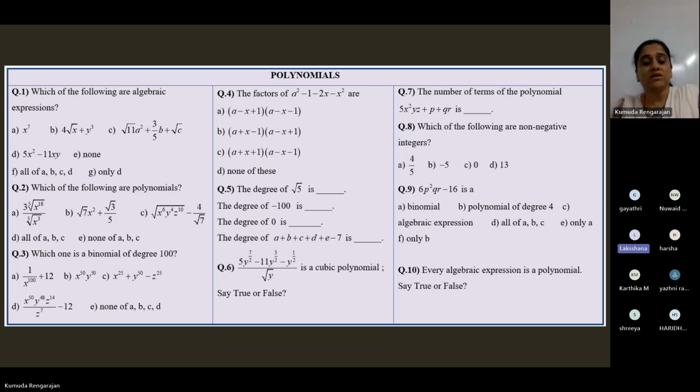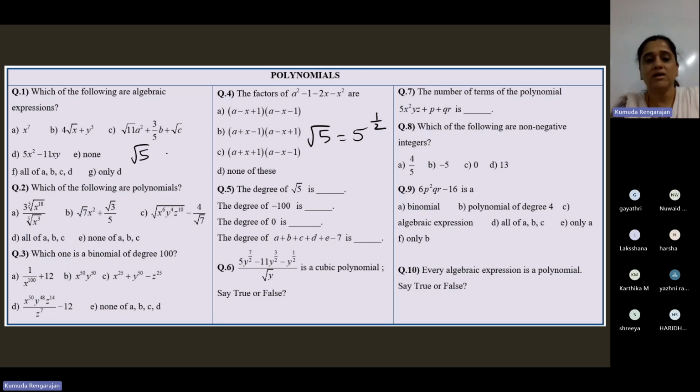0. See, root 5 is definitely 5 to the power 1/2. But who defines the degree? The power of the variable. Nothing of the constant. The power of the variable involved defines the degree. So root 5 is a constant.